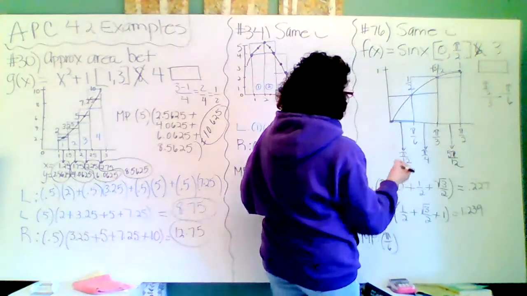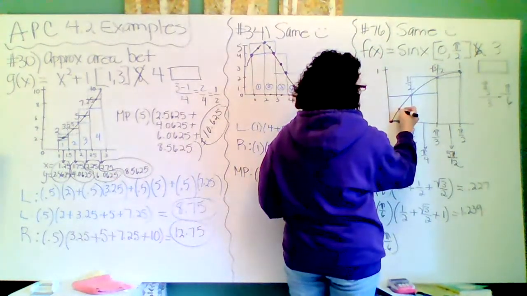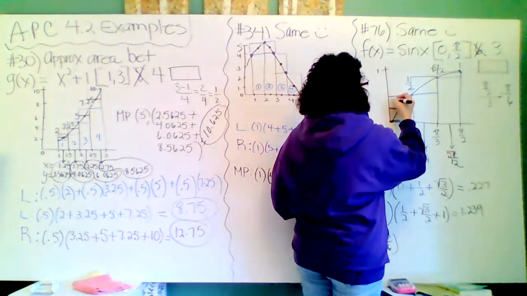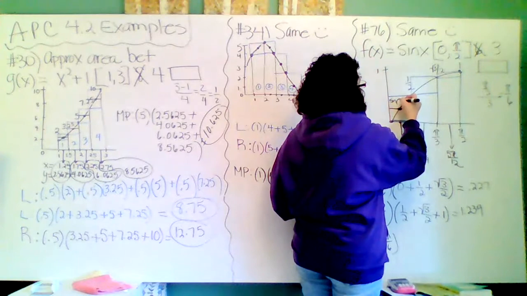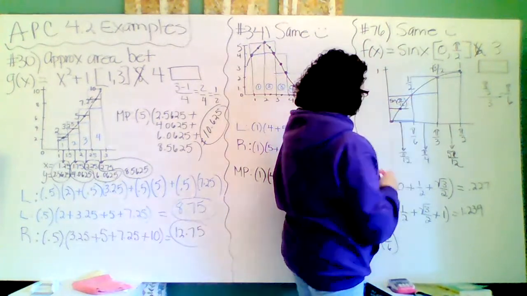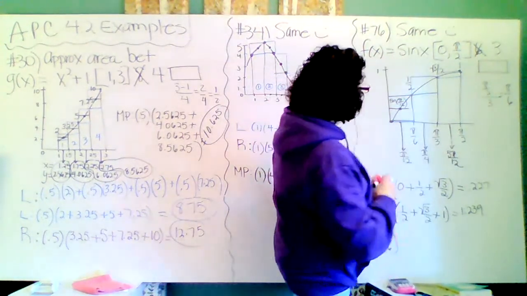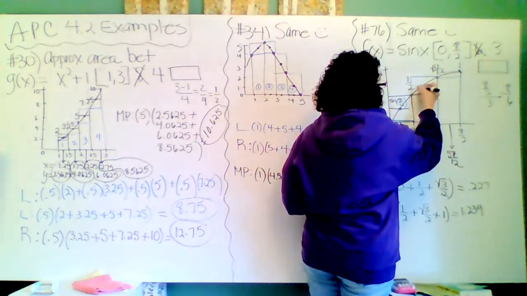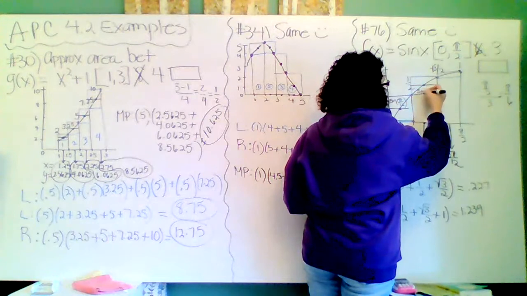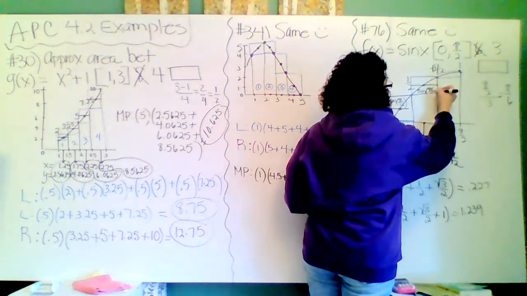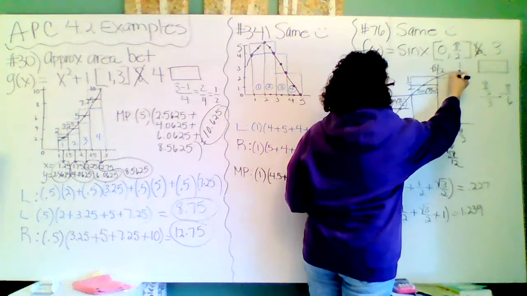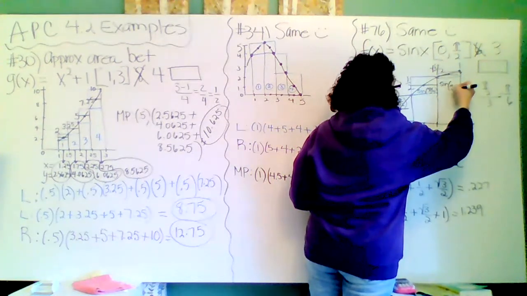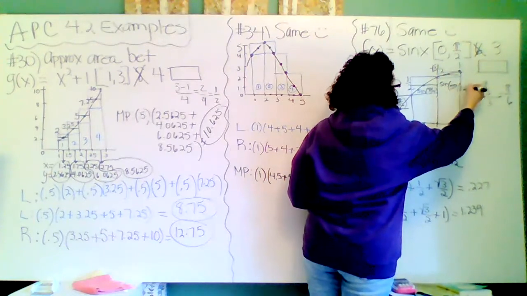Okay. So the height for the midpoint rectangle is sine of pi over 12, right, because we're going to put our x into the function. For the second rectangle, that is sine of pi over 4. For the last rectangle, that is sine of 5 pi over 12 as the height.